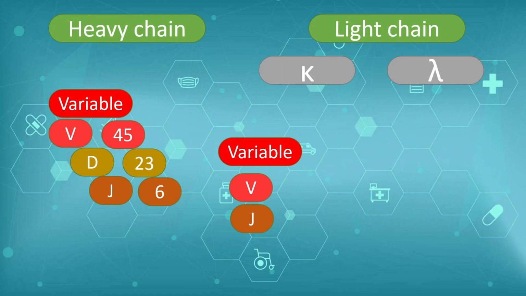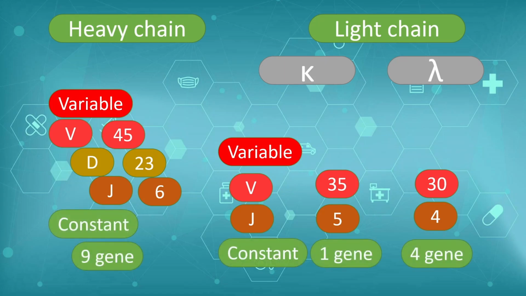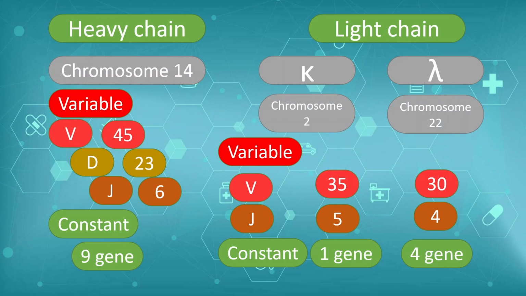For the kappa, we have 35 variable segments and 5 junctional segments. For the lambda, we have 30 variable segments and 4 junctional segments. And again, the heavy chain, kappa chain, and lambda chain are coded on different chromosomes. For example, the heavy chain is coded on the 14th chromosome, the kappa on the 2nd chromosome, and the lambda on the 22nd chromosome.